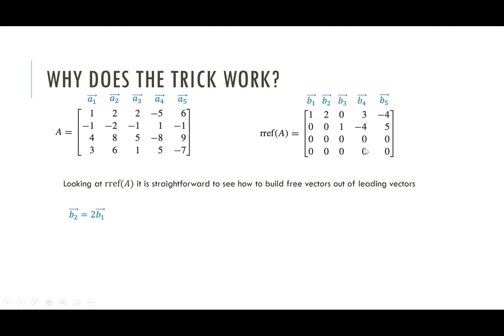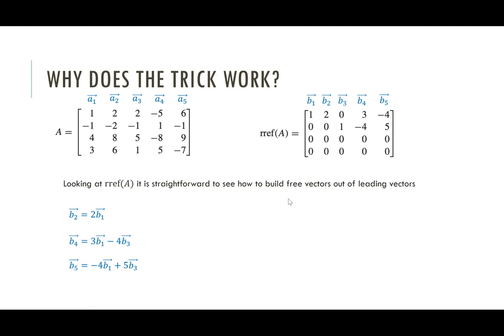Similarly, B4, we can see that this vector is going to be equal to 3 times the first column vector plus -4 times the third column vector. So we get that relationship there. Again, B4 is redundant. Similarly, B5 is going to be -4 times the first vector plus 5 times the third vector. So again, B5 is redundant.